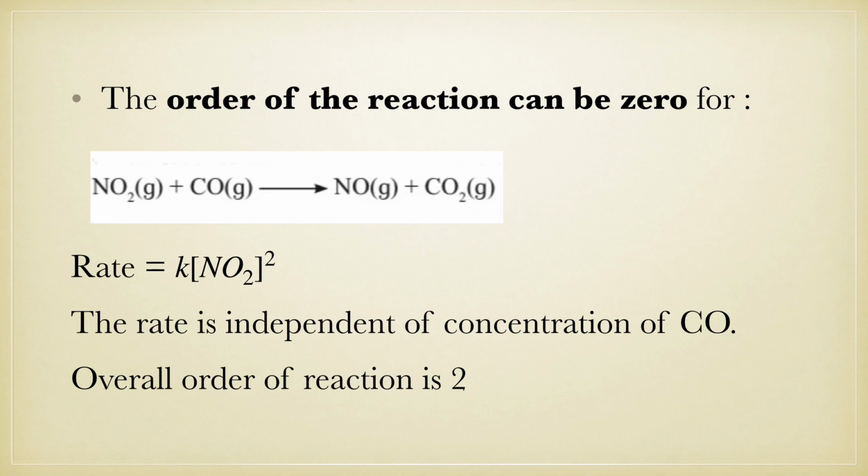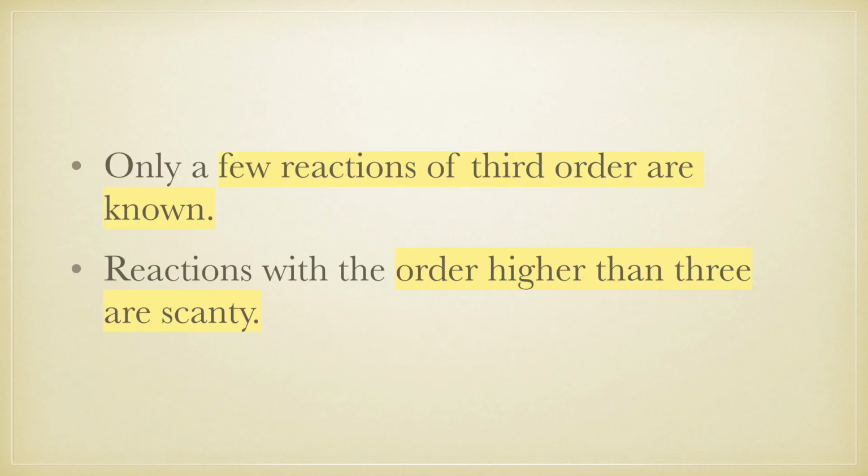The rate is independent of the concentration of CO. That means if I ask you the order of the reaction with respect to the concentration of CO, it will be 0. Okay, so hopefully you understood this. Next point, only a few reactions of third order are known and reactions with order higher than 3 are very less, that is scanty.